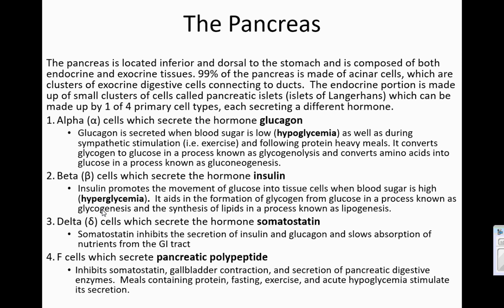So it simulates a low glucose effect, so that we release glucose into the blood in a process called glycogenolysis. That's one of those terms over there on the board. Glycogenolysis has the word glycogen in it, and lysis telling you that it is the breakdown of glycogen into glucose.